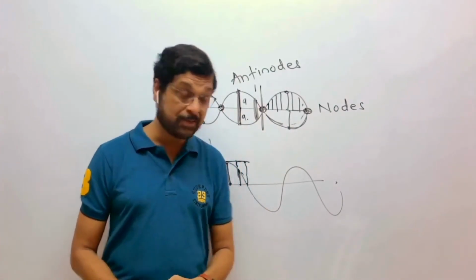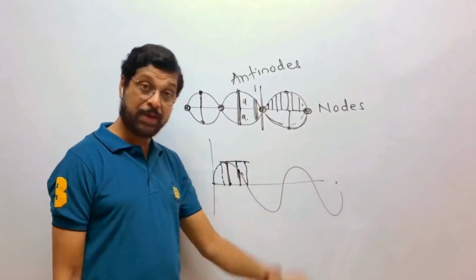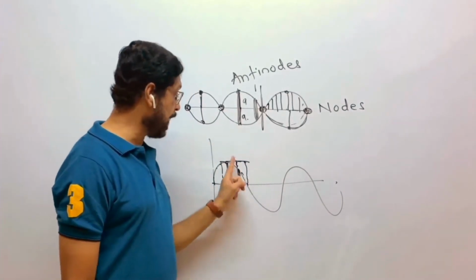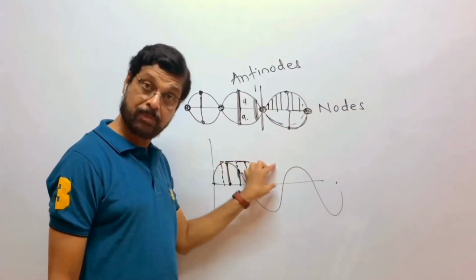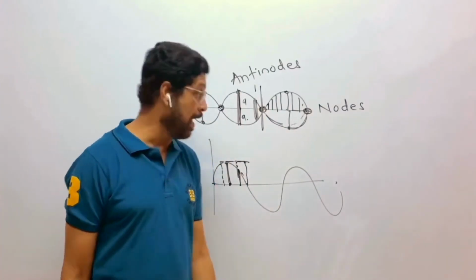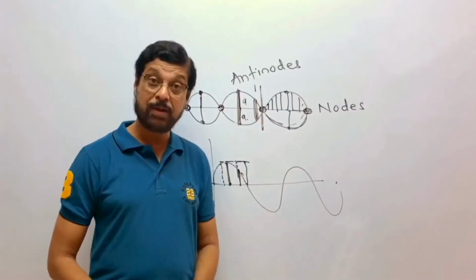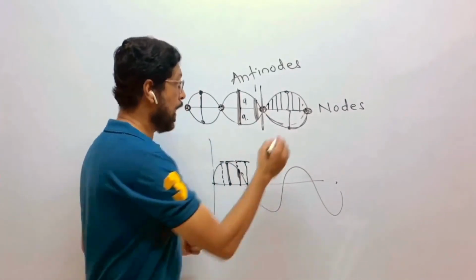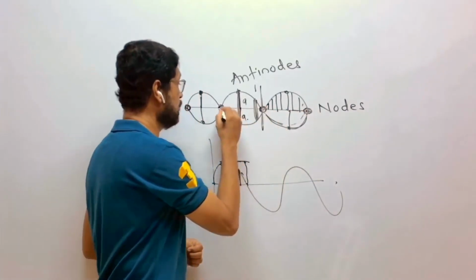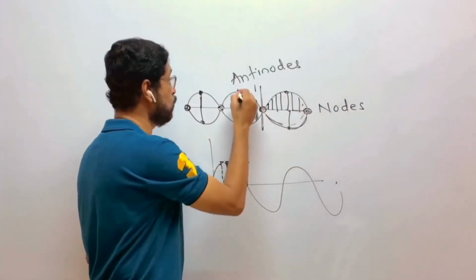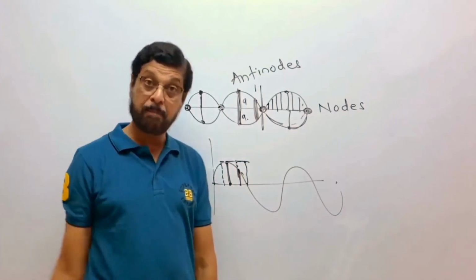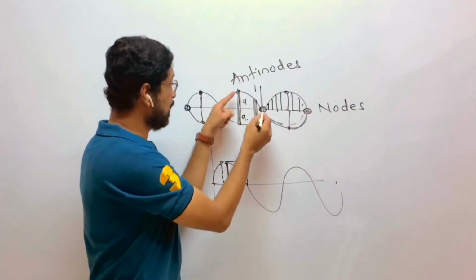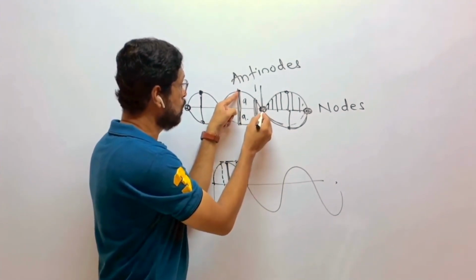Second point of difference, in a progressive wave, every particle is having same amplitude. In a stationary wave, different particles are having different amplitudes. The amplitude at the nodes is zero, and the amplitude at the antinodes is maximum, and for other particles it varies between zero to maximum.